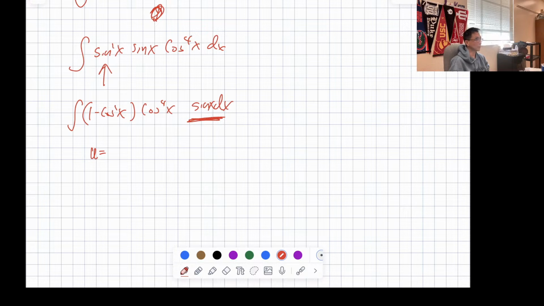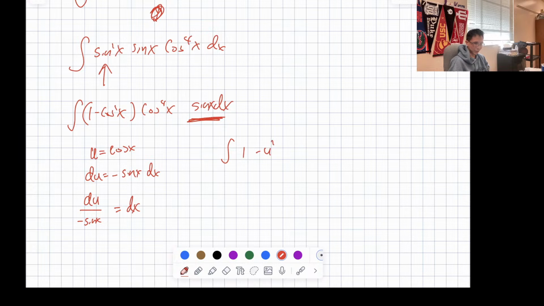What does u equal to? It's right in front of you. Oh, it's cosine of x. What is u equal to, Vincent? Yes. Anything you put with cosine will cancel out the sine. Exactly.